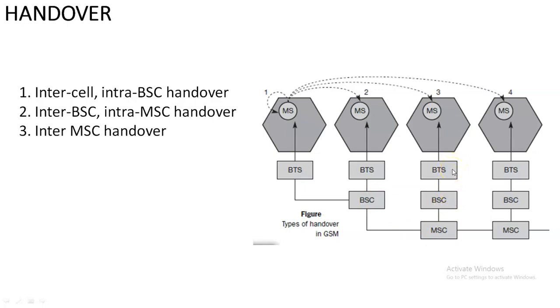But in this case also, your MSC cannot provide one because the range is far away. So this MSC communicates with the nearby MSC, and the new MSC provides the BSC and new BTS. This is how the last type works, where the MSC itself is different. So these are the three types of handover which will happen.